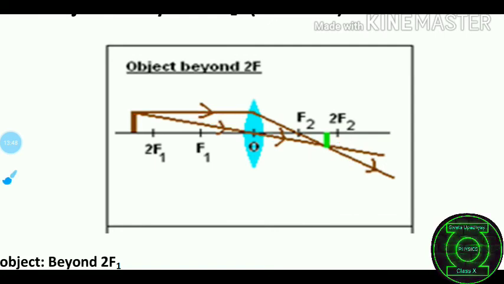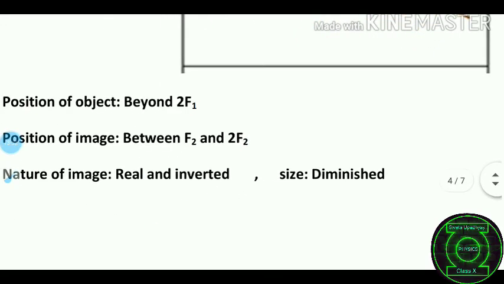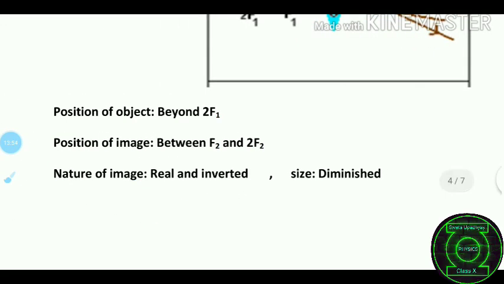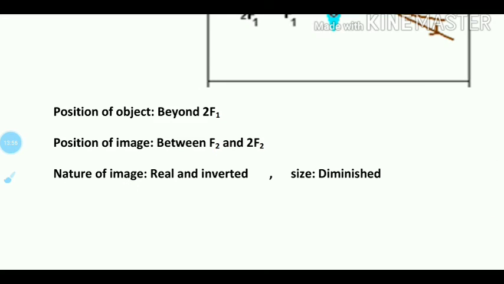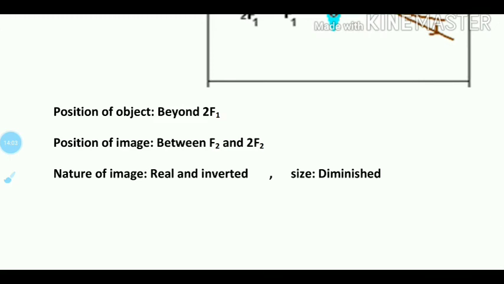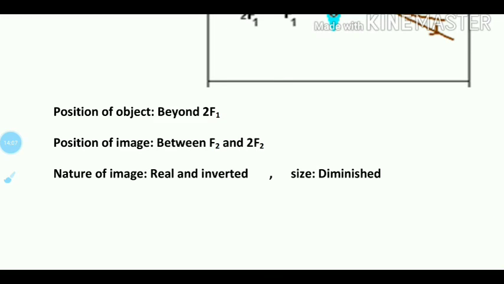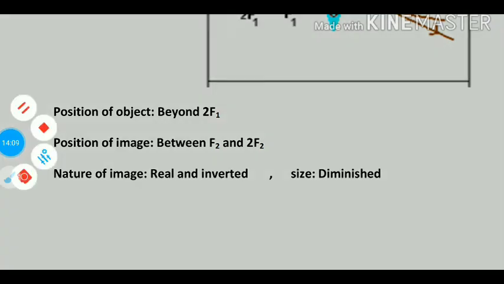Hence, the nature of the image will be real and inverted. Position of the image will be between f2 and 2f2. Size is diminished.